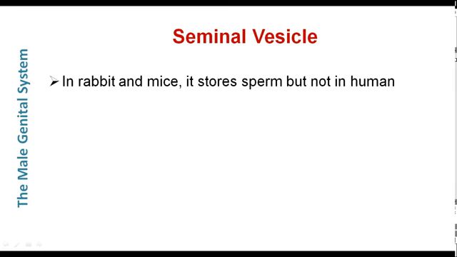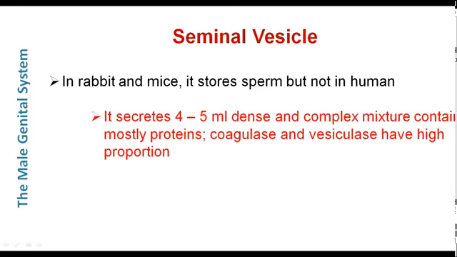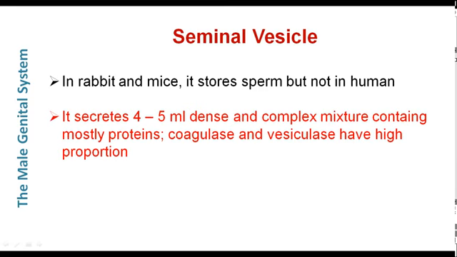Now, in most animals, seminal vesicles are used to store spermatozoa. The name simply means the vesicle storing semen or sperms. But in our case, it does not store sperm.